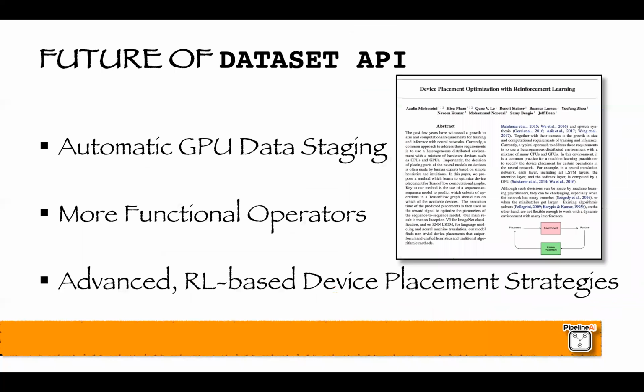So some of the problems that are being worked on with this dataset API is there's this concept that has popped up in some papers and some docs within TensorFlow, specifically about GPU data staging. And this all comes back to just trying to saturate these GPUs.